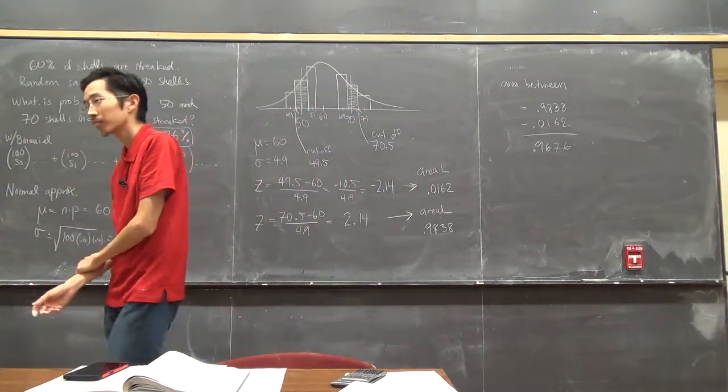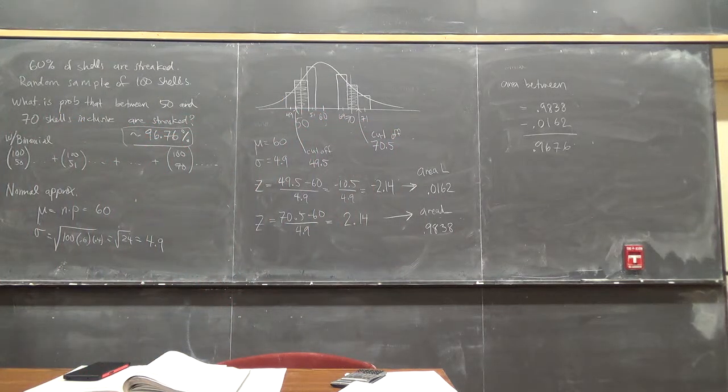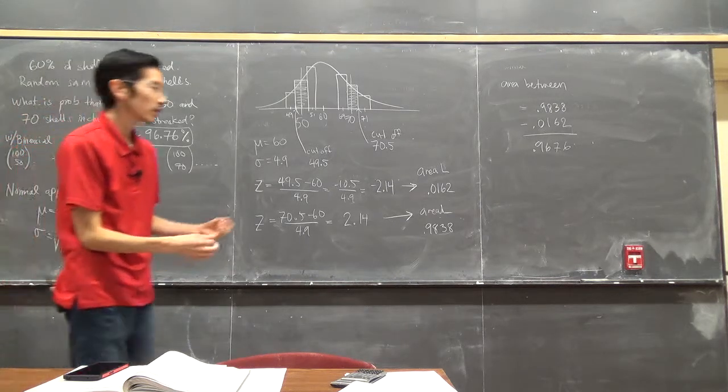Oh, yes, questions. I have to be very clear about one thing. We use the normal curve to approximate the binomial model when n times p is greater than or equal to 10, and when n times 1 minus p is greater than or equal to 10, that's it.